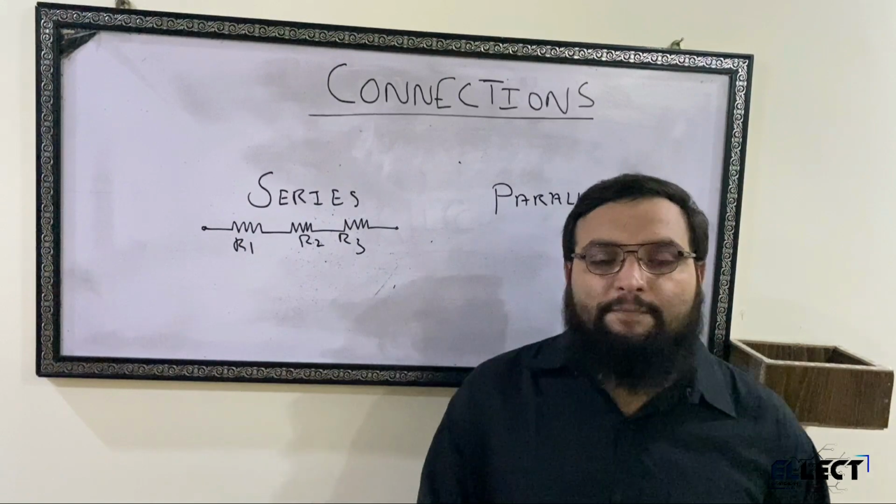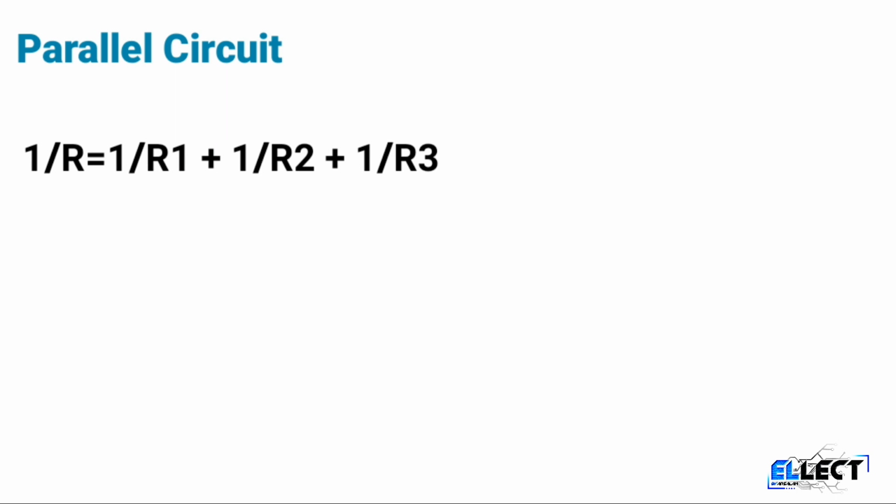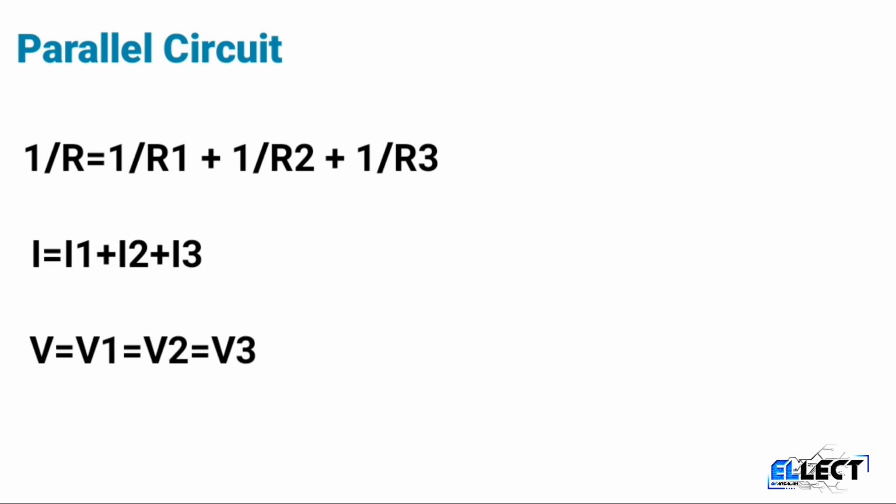Now moving towards the parallel circuit, the equivalent resistance of resistors connected in parallel is 1 upon R is equal to 1 upon R1 plus 1 upon R2 plus 1 upon R3. The current in the parallel circuit will add up, like I is equal to I1 plus I2 plus I3. The voltage across the parallel resistors is the same.